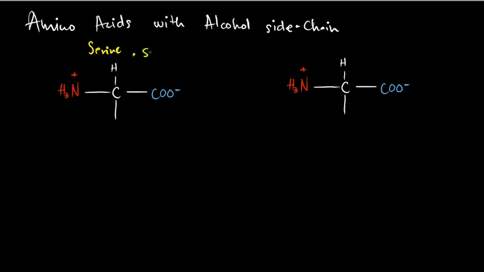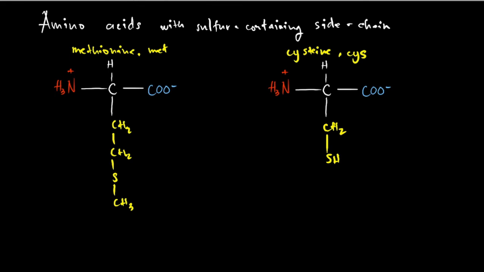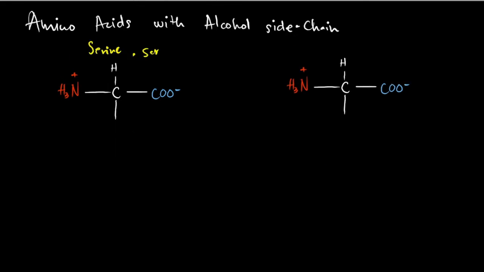Serine, or it is abbreviated as SR. Alcohol-containing and sulfur-containing amino acids are what we call polar amino acids kasi may polarity na gawa ng presence ng ating sulfur dun sa nauna nating page kanina. And for here, gawa naman ng ating OH, galing din sa alcohol. And for serine, we have here our CH2 and our OH.